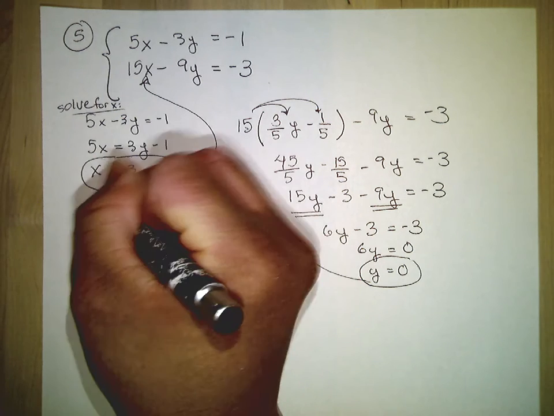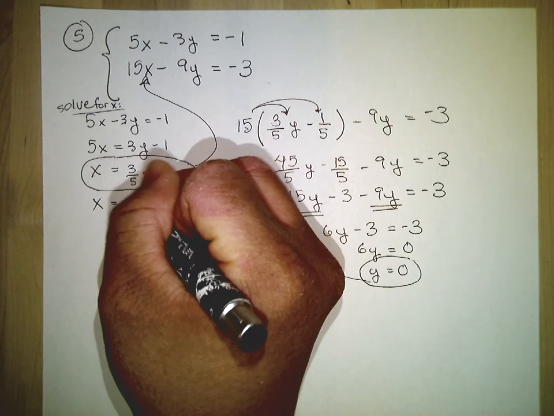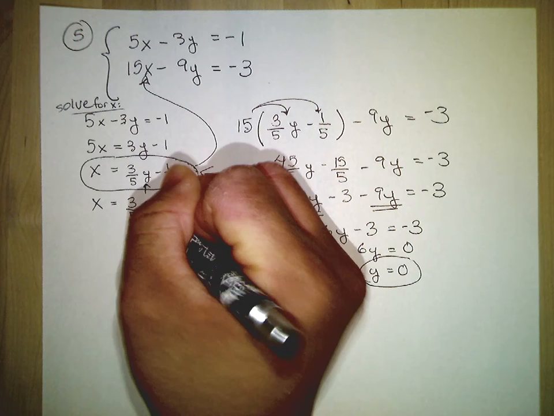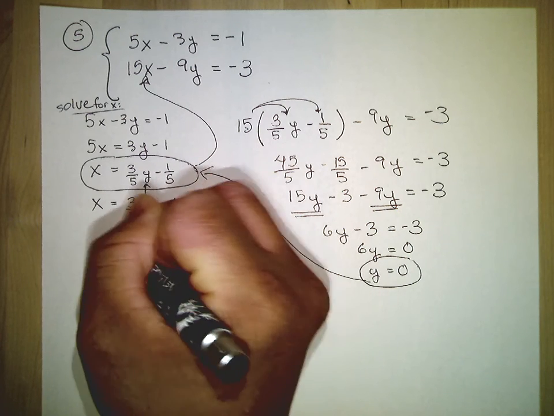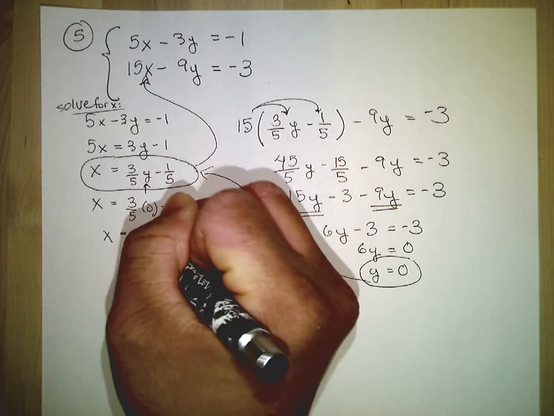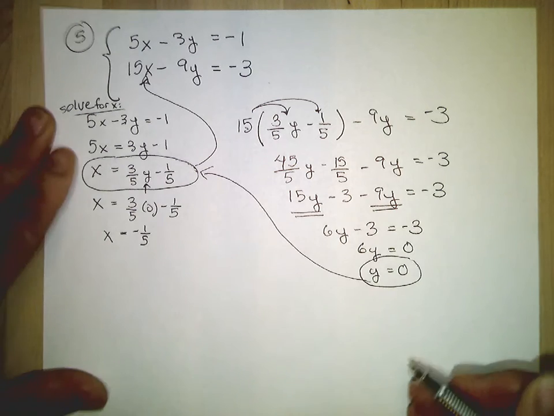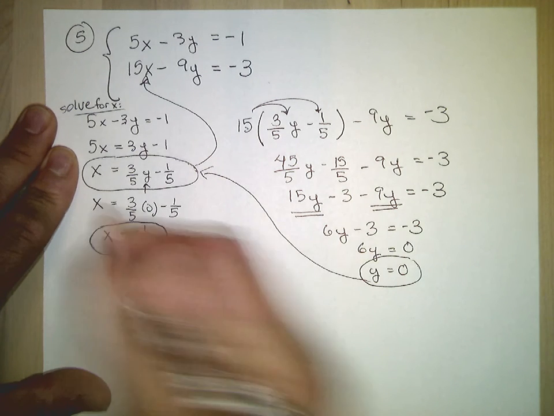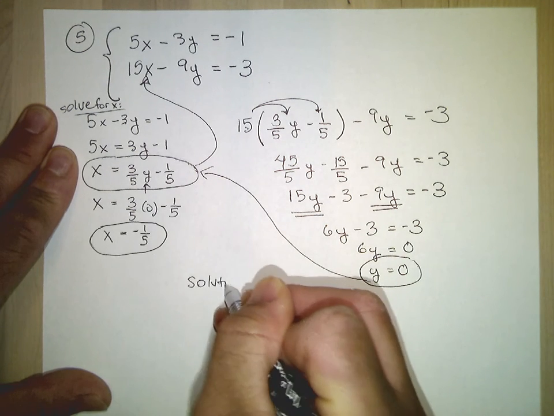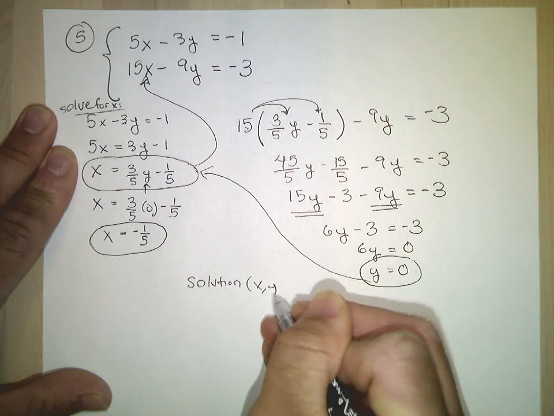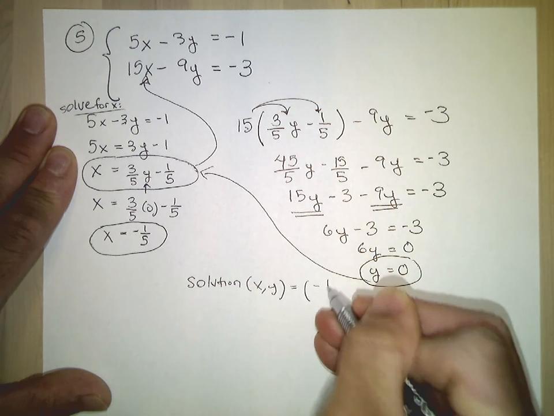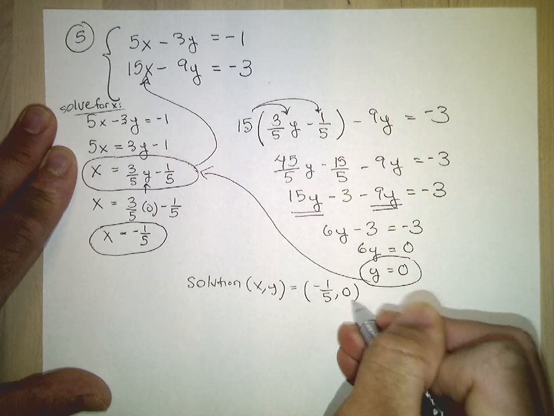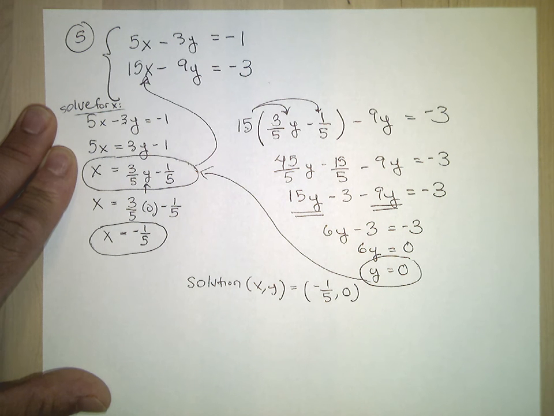So we have x is equal to 3/5 times 0 minus 1/5. So x is negative 1/5. So then the solution is going to be (x, y) is (negative 1/5, 0).